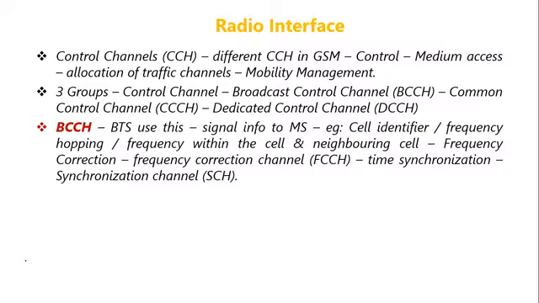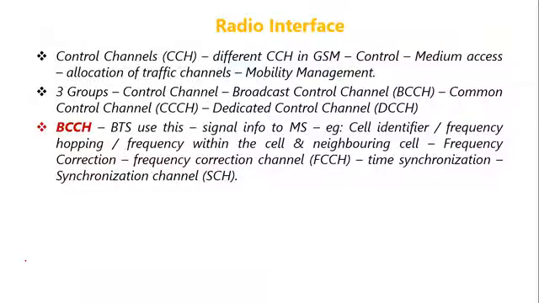Typically the information transmitted through this channel includes the cell identifier. What is the identifier of the cell? Other options within this cell include frequency hopping, that is, with what frequency hopping pattern the mobile station and the base station should communicate.